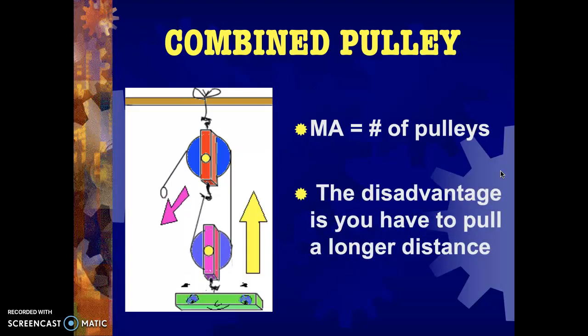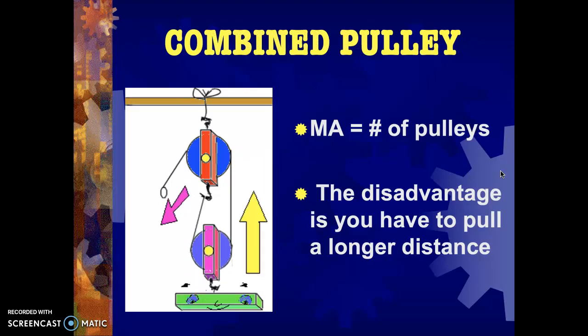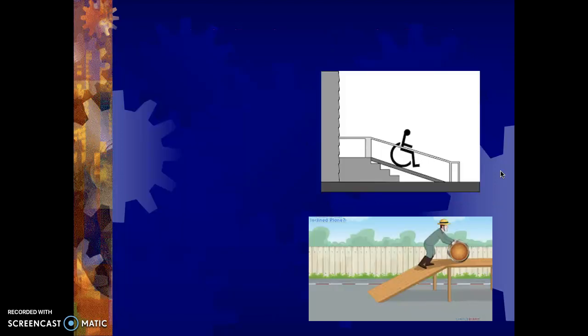The disadvantage here is that you must pull a much longer distance. Okay, because if you remember when we talked about actual mechanical advantage and calculating work, the work in has to be equal to the work out and vice versa. So if we're going to use less force, we got to pull a longer distance.